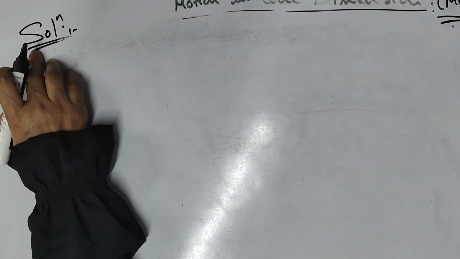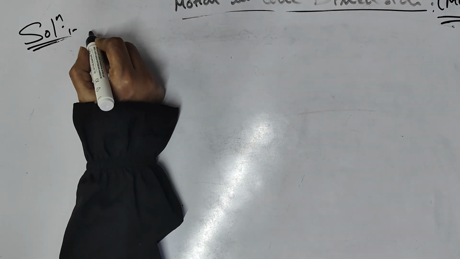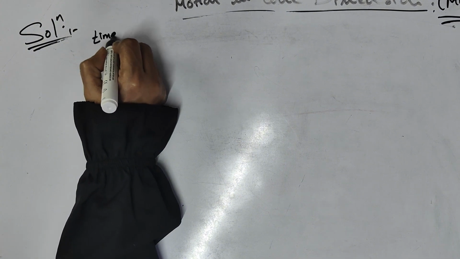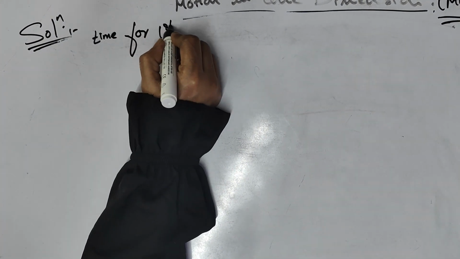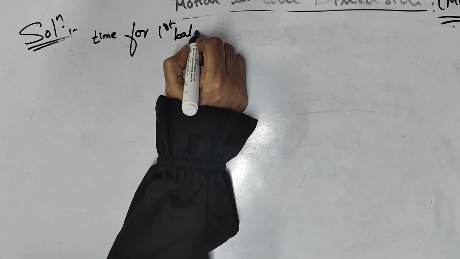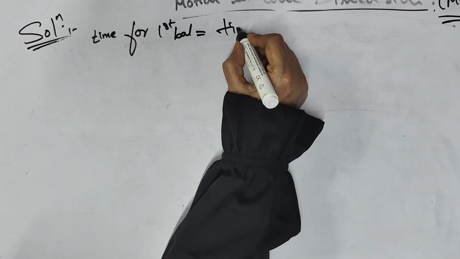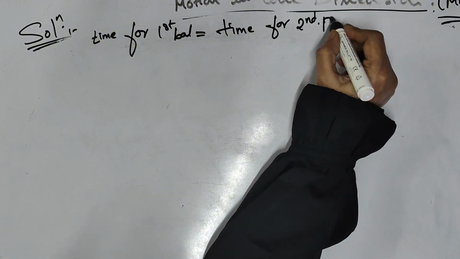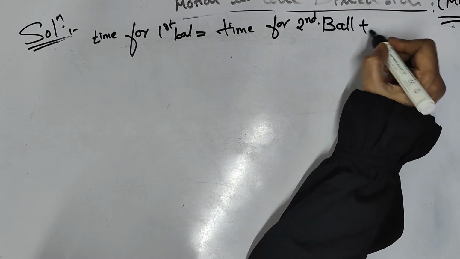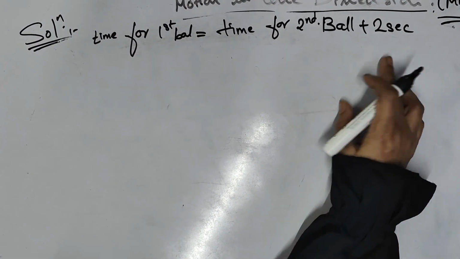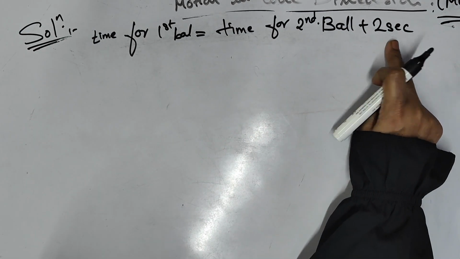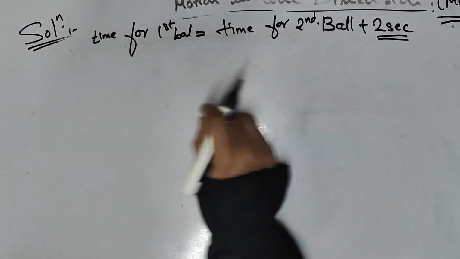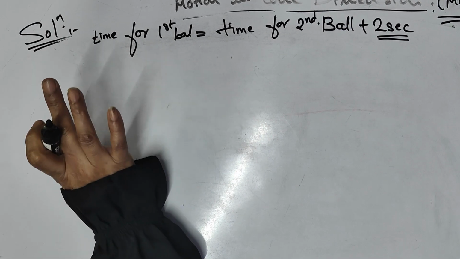So the solution, we will start the solution. Here time for the first ball is equal to time for the second ball plus 2 seconds, because it was thrown 2 seconds after the first ball was dropped.